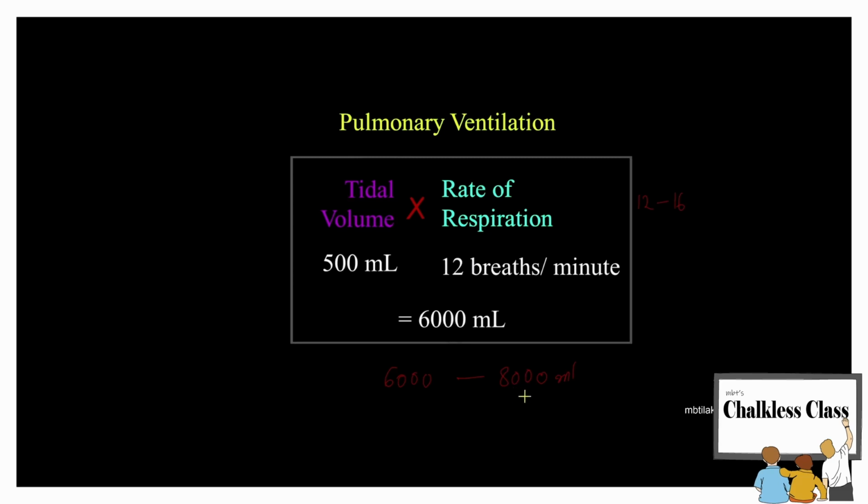Lung capacity is 5700 ml. It depends on anatomic build, age, respiratory disorders, gender, and other factors. But pulmonary ventilation depends on the rate of respiration, the number of breaths per minute. So anyhow, pulmonary ventilation or minute ventilation volume is 6000 to 8000. Here it is shown 6000 by taking 12 breaths per minute.